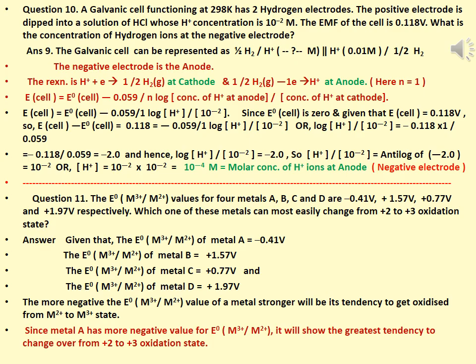Among these 4 metals, metal A has a negative standard reduction potential, meaning this metal would show the greatest tendency to get oxidized from plus 2 to plus 3 oxidation state. Since metal A has the more negative reduction potential, it will show the greatest tendency to change over.